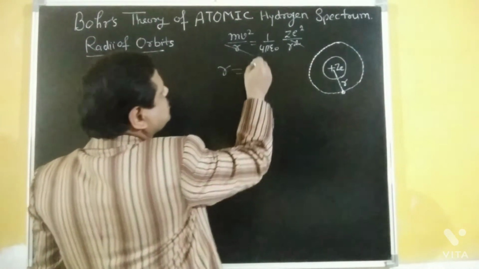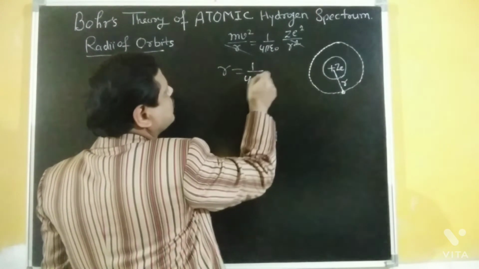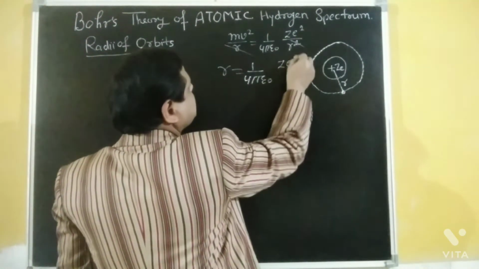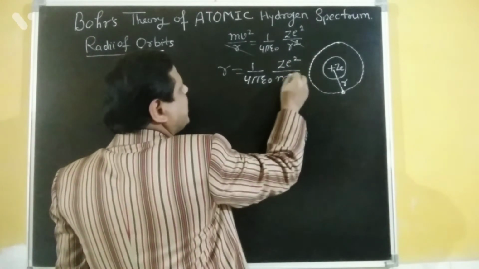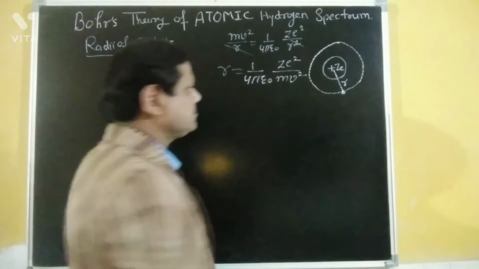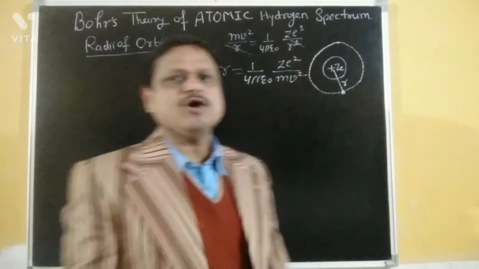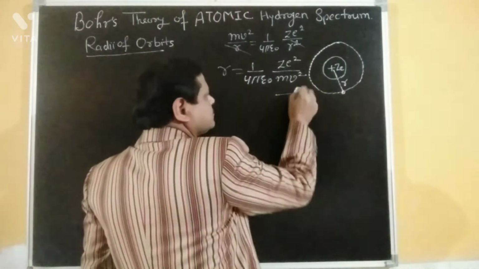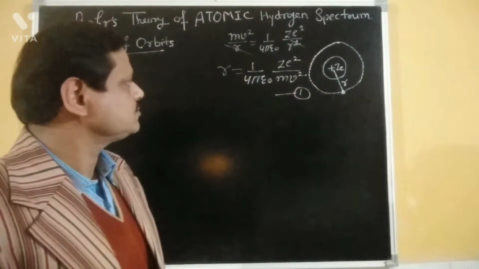Then r is equal to 1 upon 4 pi epsilon naught, z e square upon mv square. This is the radius of the circular orbit. This is equation 1.